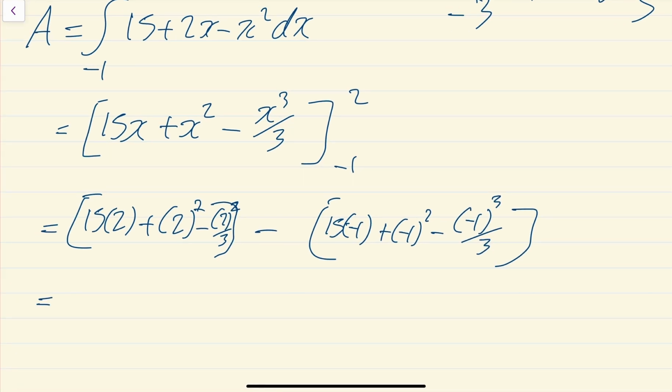Using your Casio calculator, I'm doing 15 brackets 2, close bracket, plus brackets 2 squared, minus, then use your fraction button. Top line of your fraction is brackets 2, close brackets, cubed, and the bottom line is 3. Hit that into your calculator, I get 94 over 3.